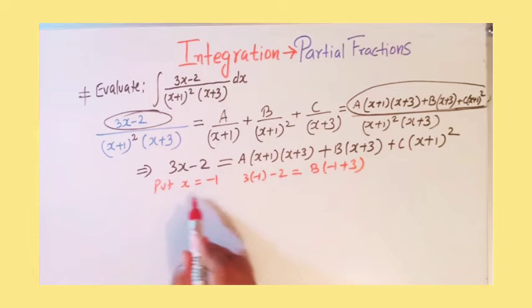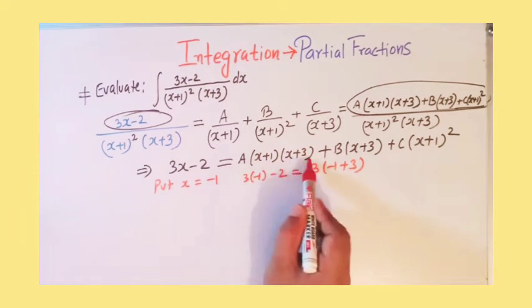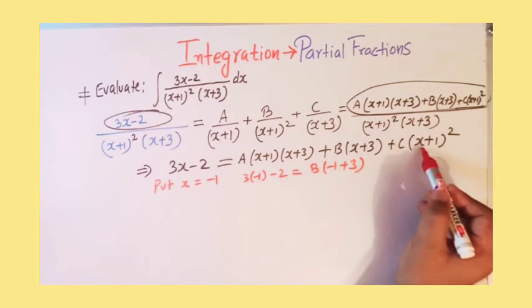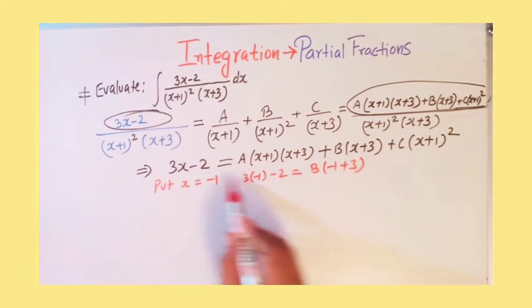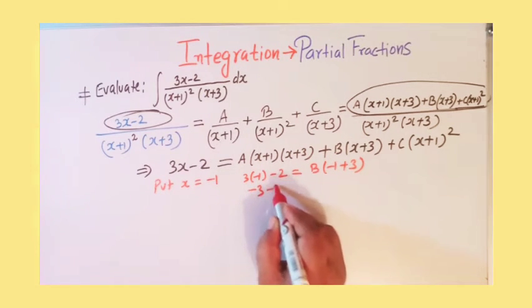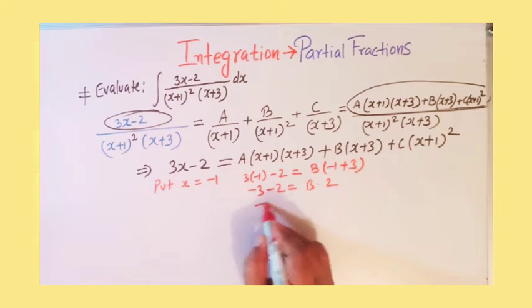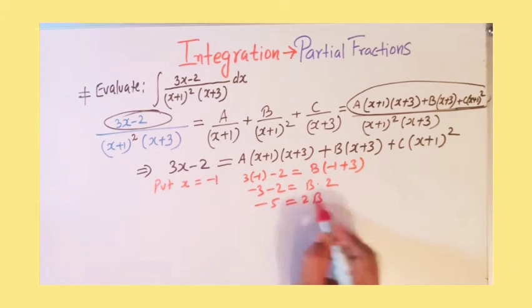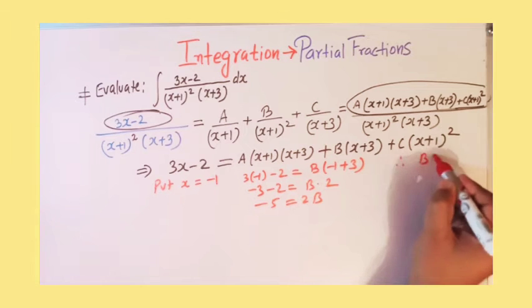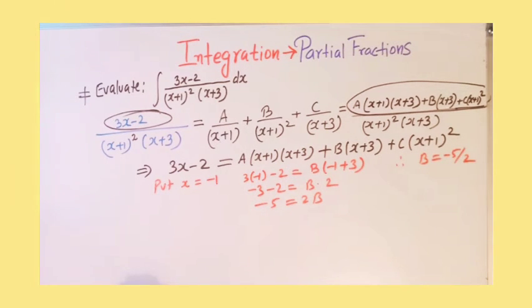So here we have taken x equal to minus 1, which makes this term 0 and this term 0, so we have this expression. So here we have minus 3 minus 2, and this is b times 2, so this is minus 5, 2b, so therefore b is minus 5 by 2, right?